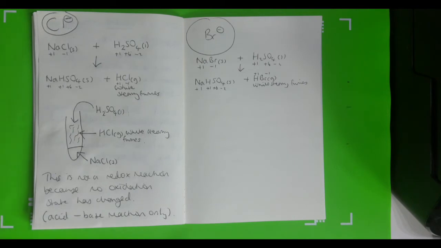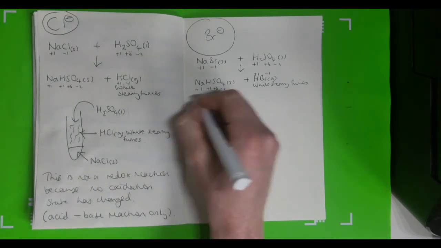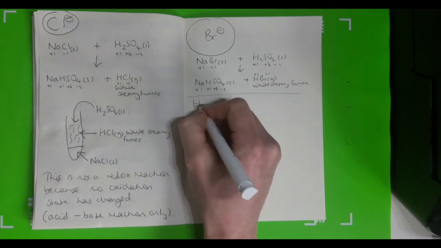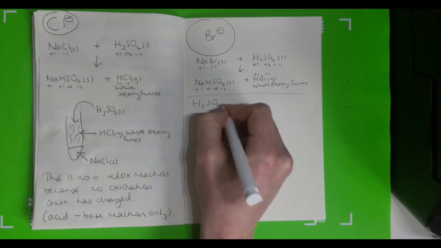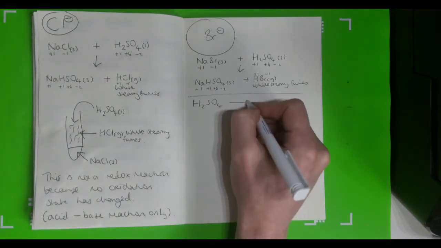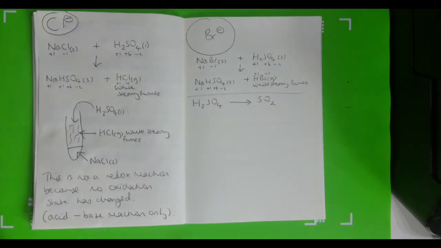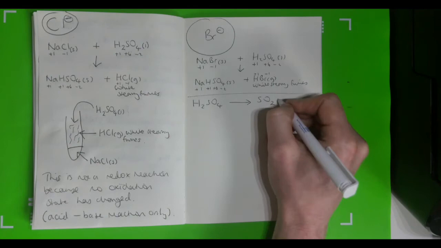This is why I'm going quite quick. Now, in this particular reaction, what happens is, so this is just the half equation, the sulfuric acid can actually be reduced to sulfur dioxide in this reaction, which is a gas.